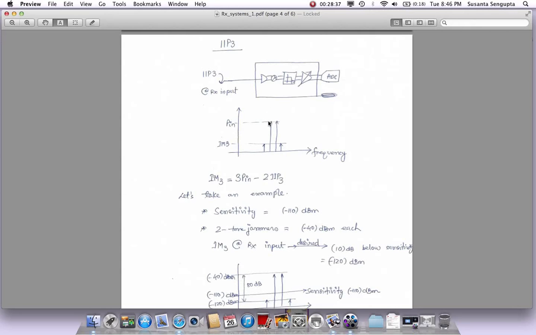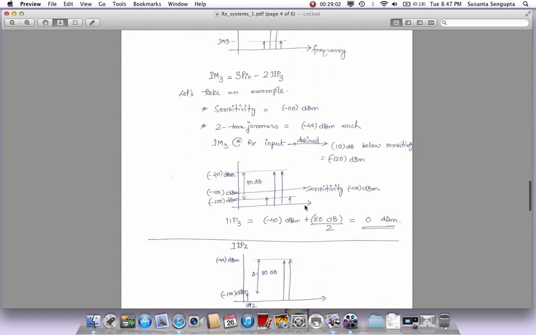If you have two-tone jammers with some P in value, each tone being P in, and the IM3 component is shown here, which will be generated, then the formula that we use is IM3 = 3 times P in minus 2 times IP3. So if you want to keep the IM3 at a certain level, given the P in, you can derive what the IP3 would be for this black box. So let's take an example to go through this.